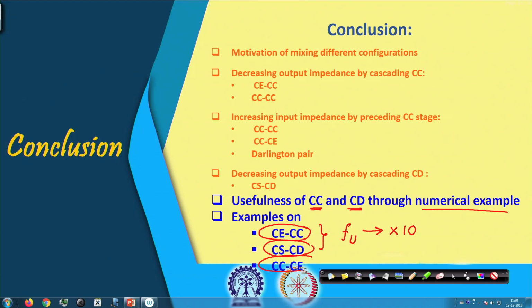And we also framed one example, CE preceded by CC, to increase the input resistance Rin by a factor of 100.